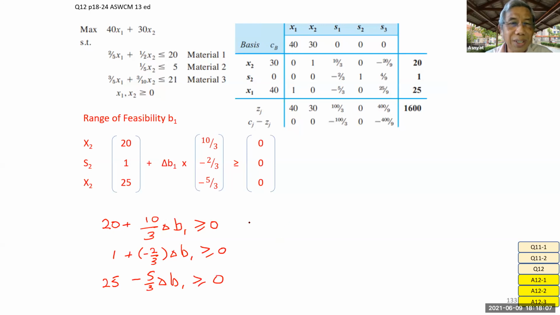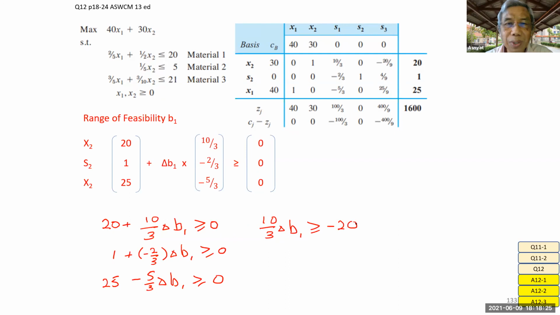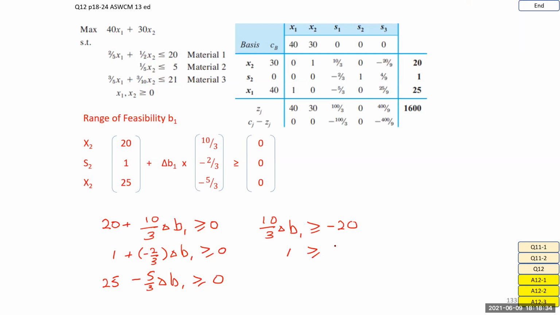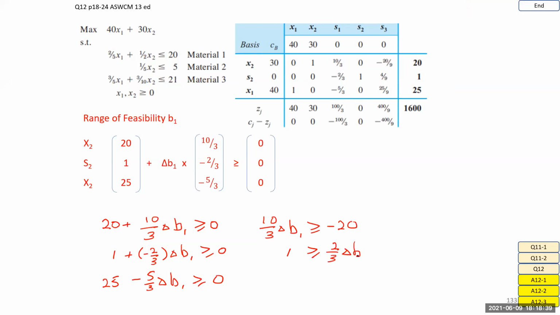Okay, let's do this one. The first one: 10/3 delta B1 should be greater than or equal to -20. The second one: 1 should be greater than or equal to 2/3 delta B1.